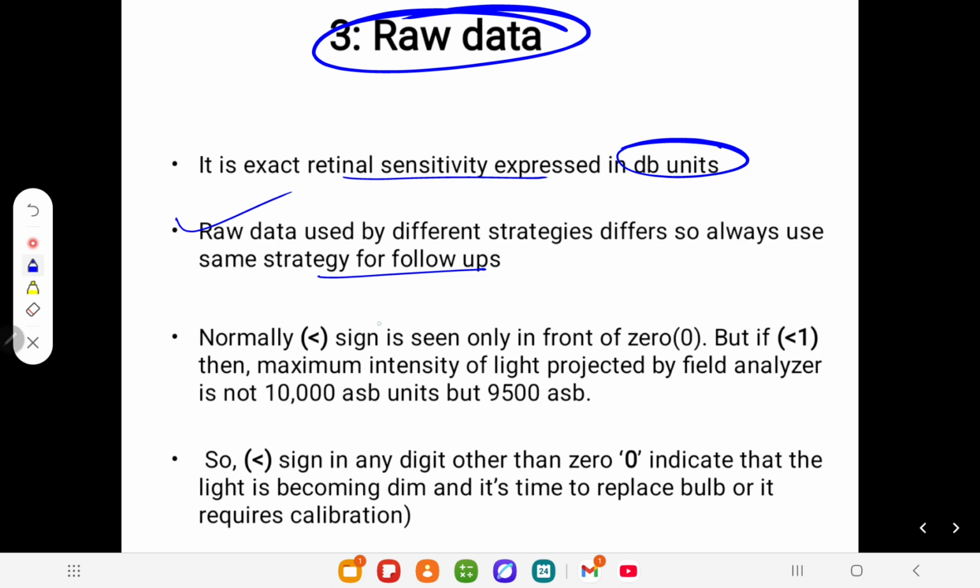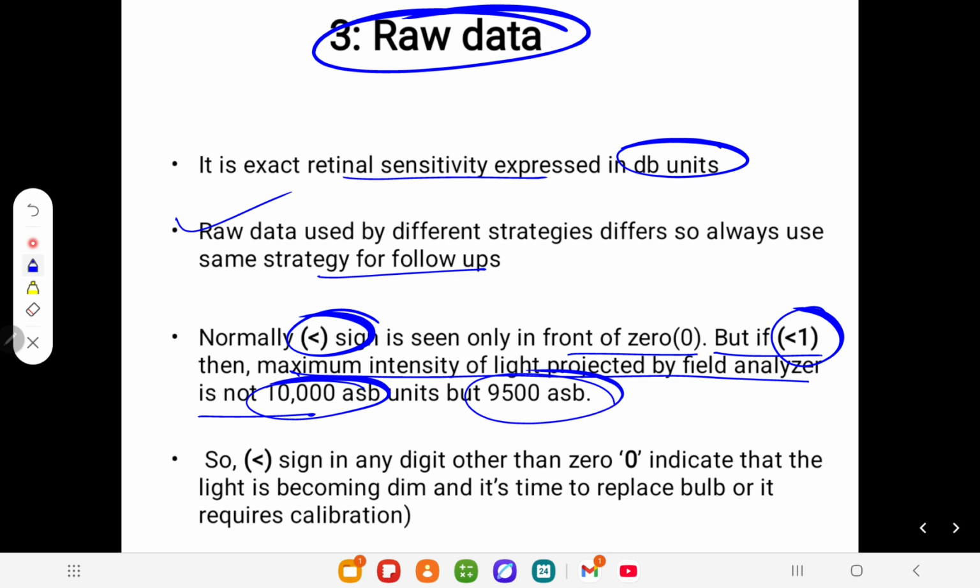Normally this sign is seen only in front of 0, but if this sign is seen in front of 1 and other numbers, then you must know that the maximum intensity of light projected by the field analyzer is not 1000 apostrophes, because the maximum is 1000, but it's less than that.